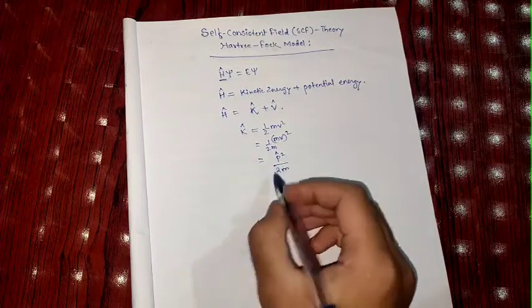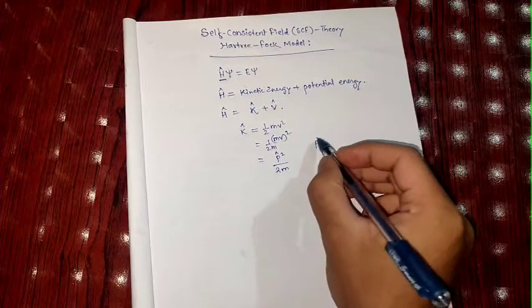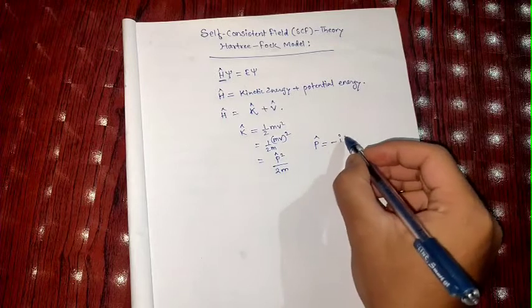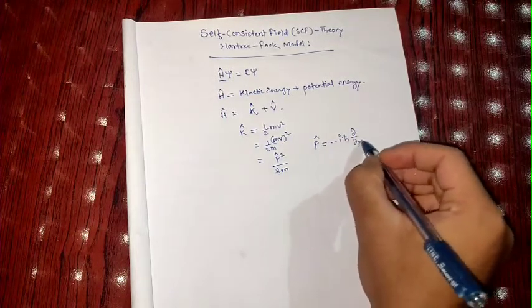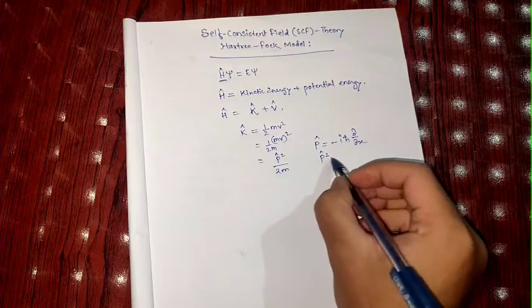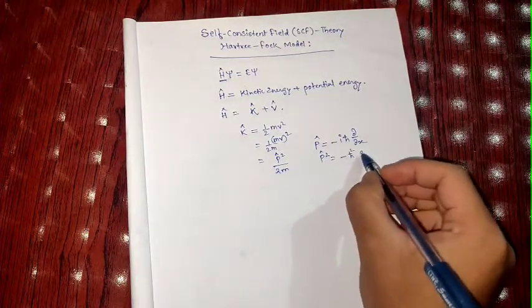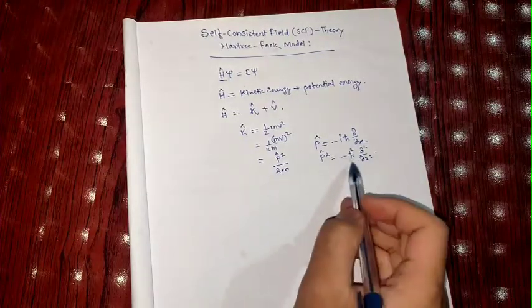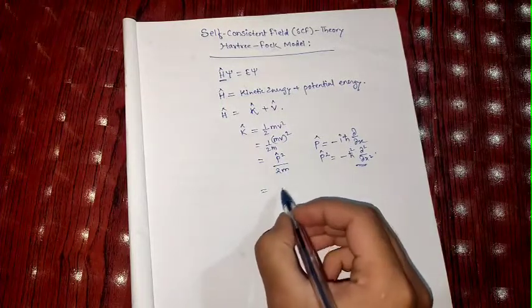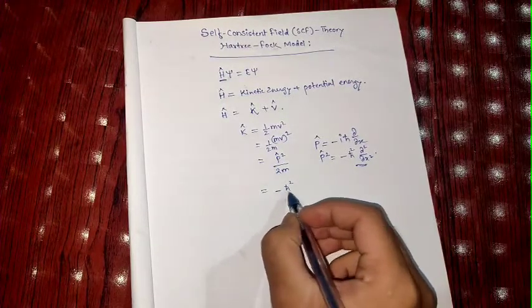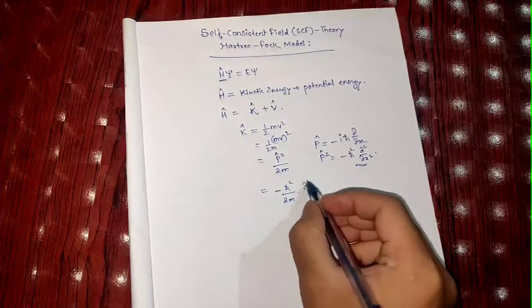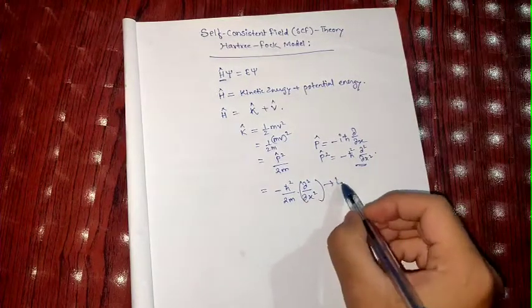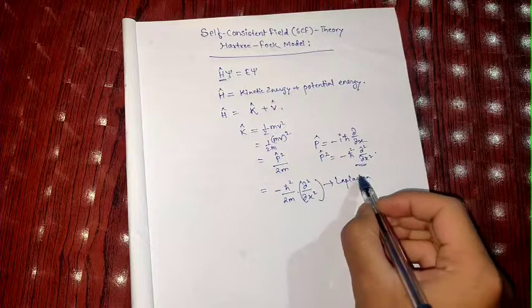As we know, p cap, the momentum operator, is equal to minus i h bar del by del x. This means that p cap square is equal to minus h bar square del square by del x square. So if we put this value here, we get minus h bar square by twice m del square by del x square. This part is actually a Laplacian operator.